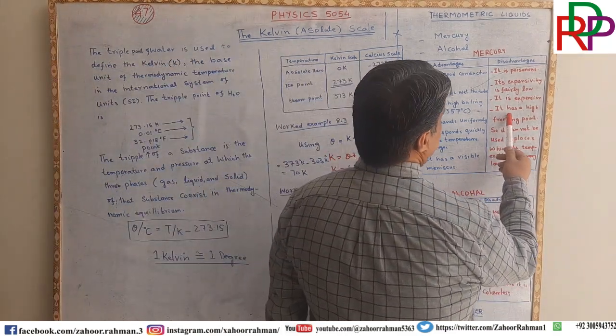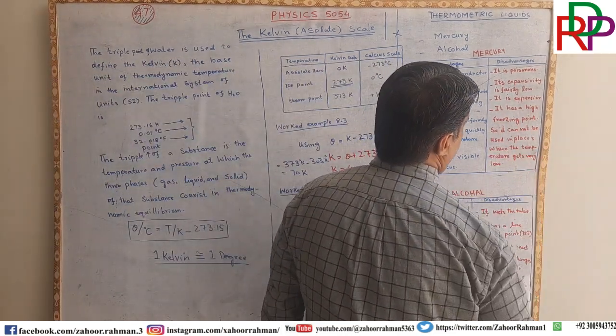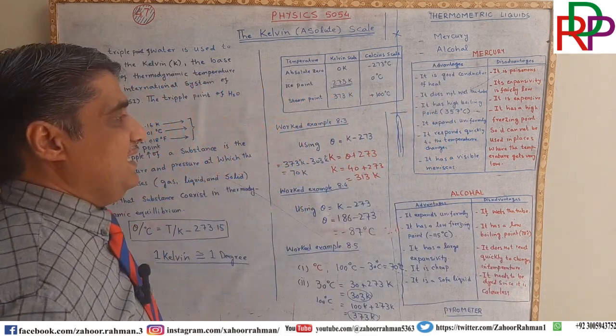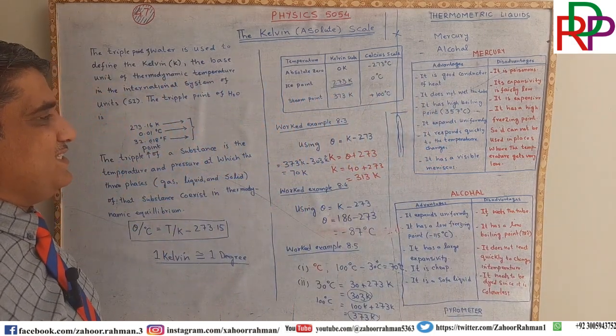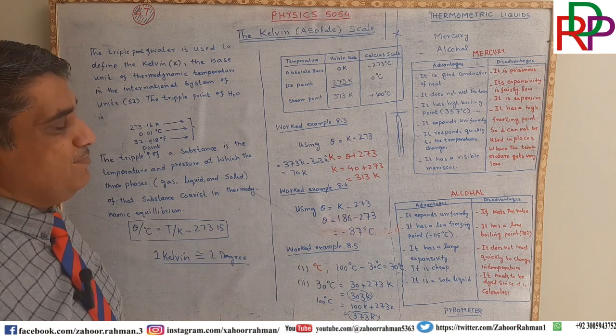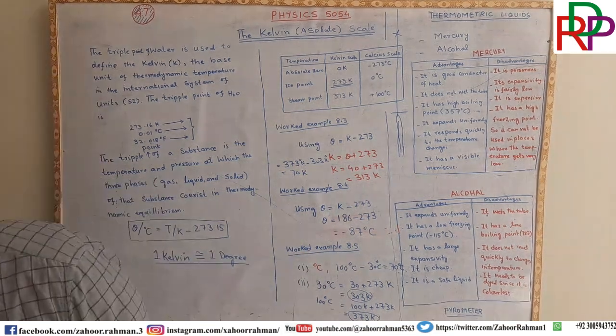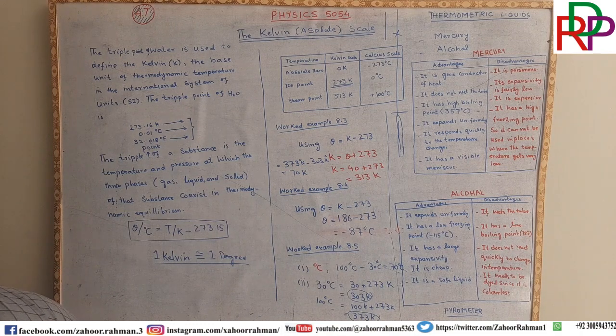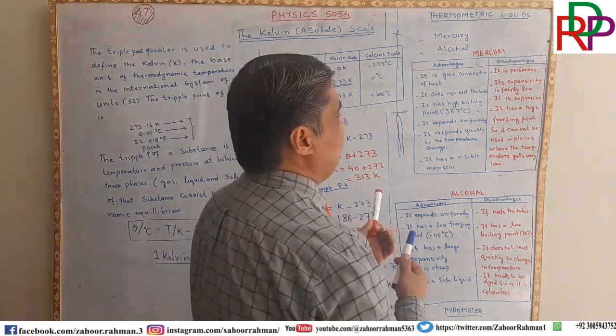It has a high freezing point, so we can record very low temperature by it. We can record a very low temperature because its freezing point is very high, and that is minus 39.